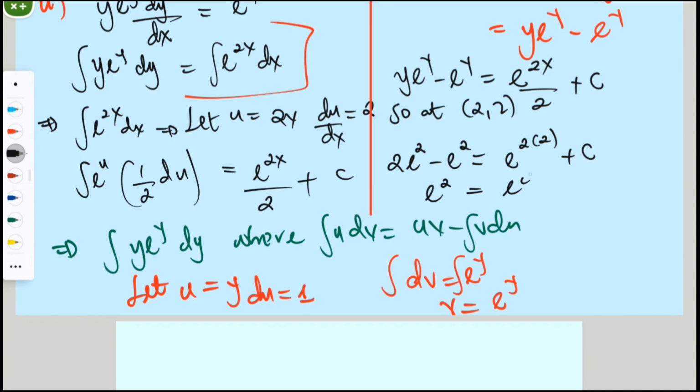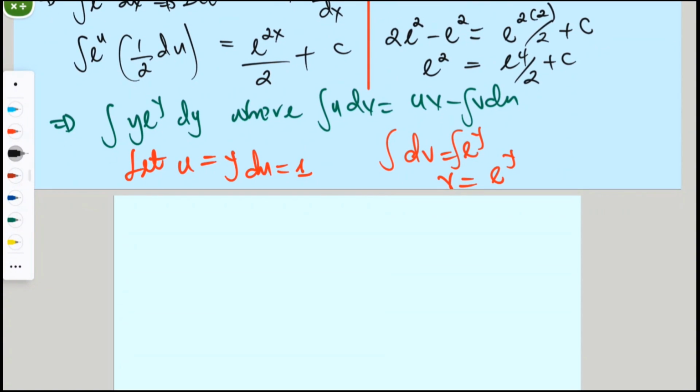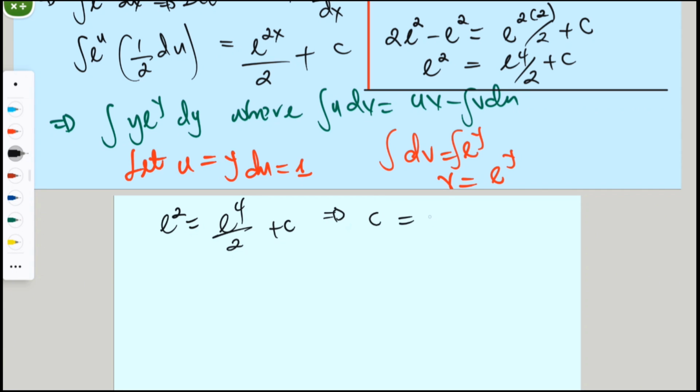So we should get e squared equal to e to the power 4 over 2 plus c, and this implies c is e squared minus e to the power 4 over 2.